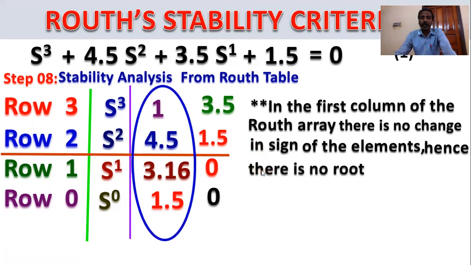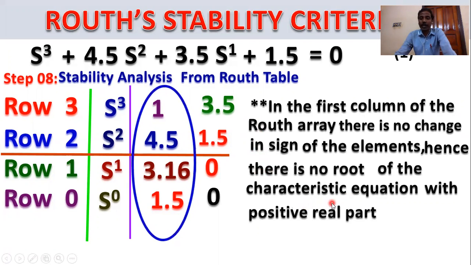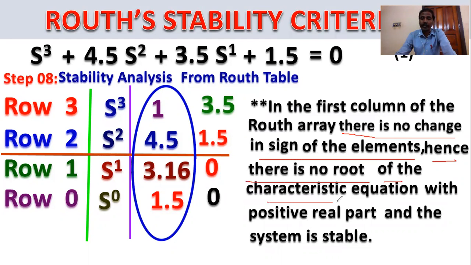Hence, there are no roots of the characteristic equation with positive real part, and the system is stable. This section is very important.